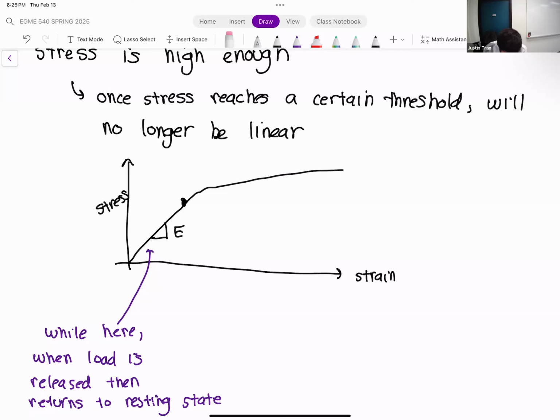The exact curve looks different for every material, but it starts to look like the graph of the natural logarithm of x. That's how I think of it. In this regime, we are entering what's called plastic deformation.